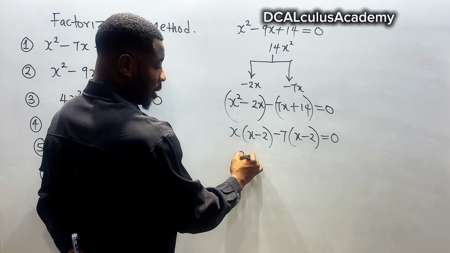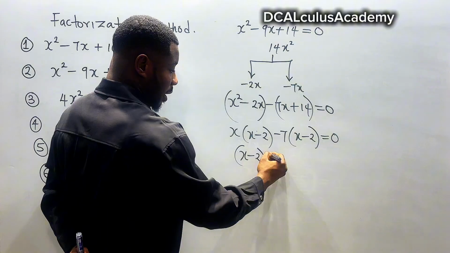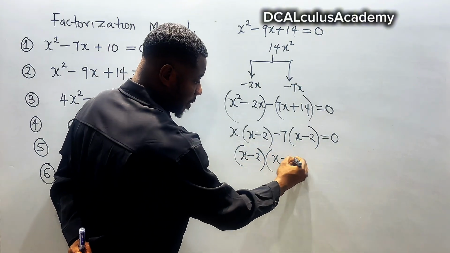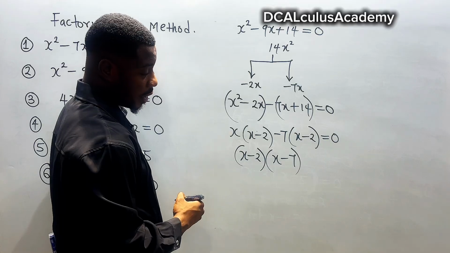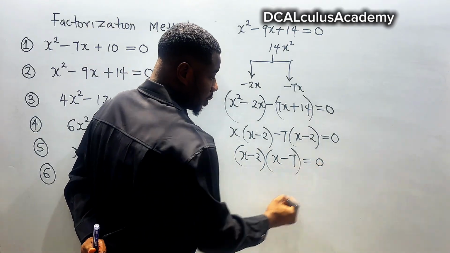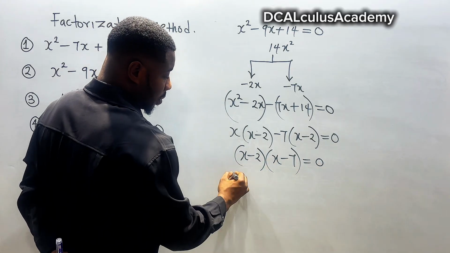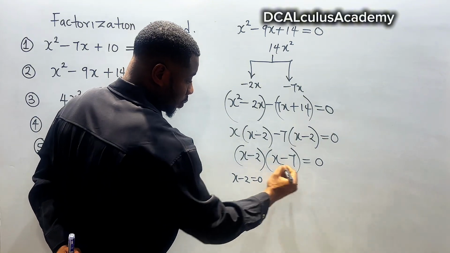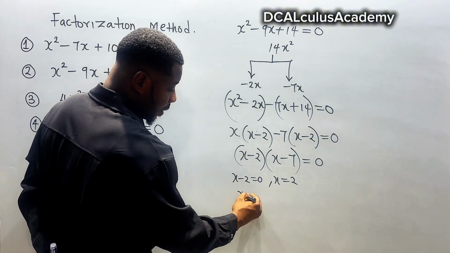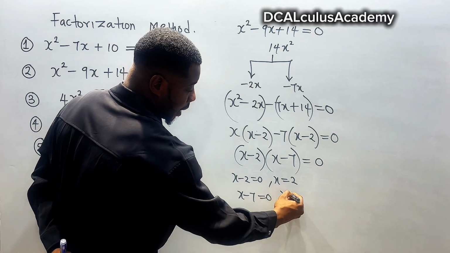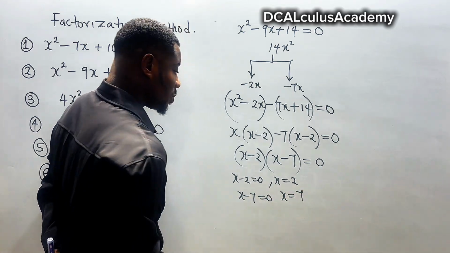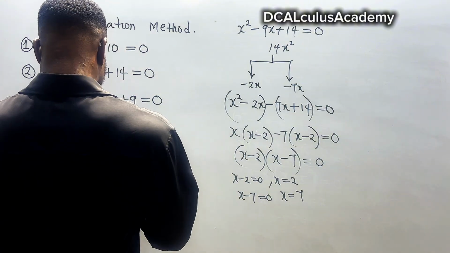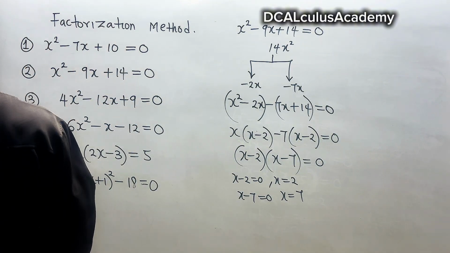So if I bring out x minus 2, x will be left here and minus 7 will be left here, everything equal to 0. If x minus 2 equals 0, x is equal to 2. In the same way, if x minus 7 is equal to 0, x is equal to 7. So my answer here is x equals 2 and x equals 7.